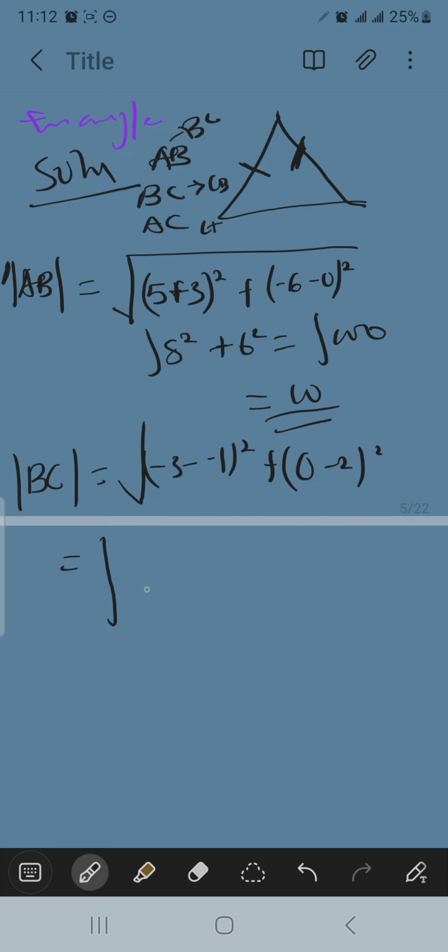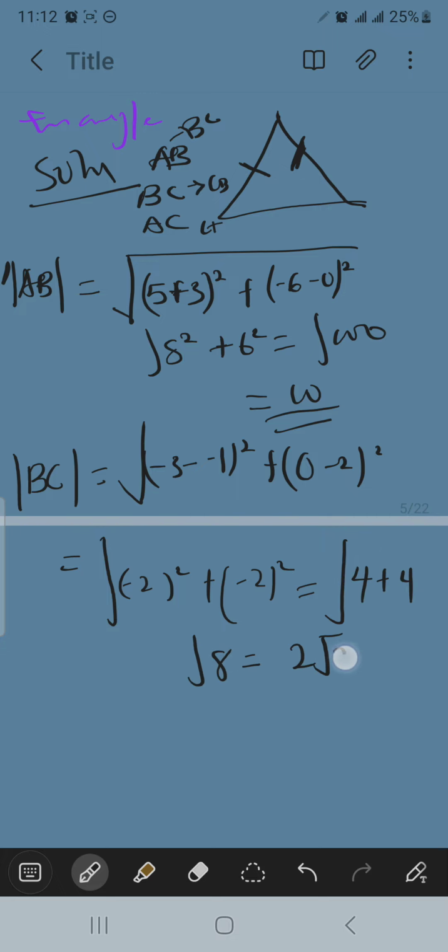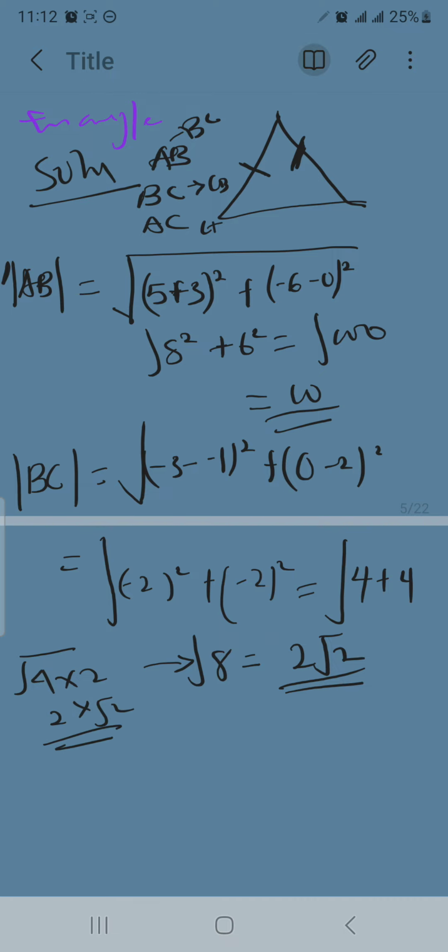This is going to be minus 3 minus 1 square, like that. Plus, this one is going to be what? 0 minus 2. Sure you understand what I'm saying? So this one is going to be minus 2 square. So this one will now be equals to square root of 4 plus 4. So this one is going to be square root of 8, which will now be equals to 2 root 2. This 2 root 2 means root 4 times root 2. What is square root of 4? 2 multiplied by root 2. That's it. So that's why I have this 2 root 2.